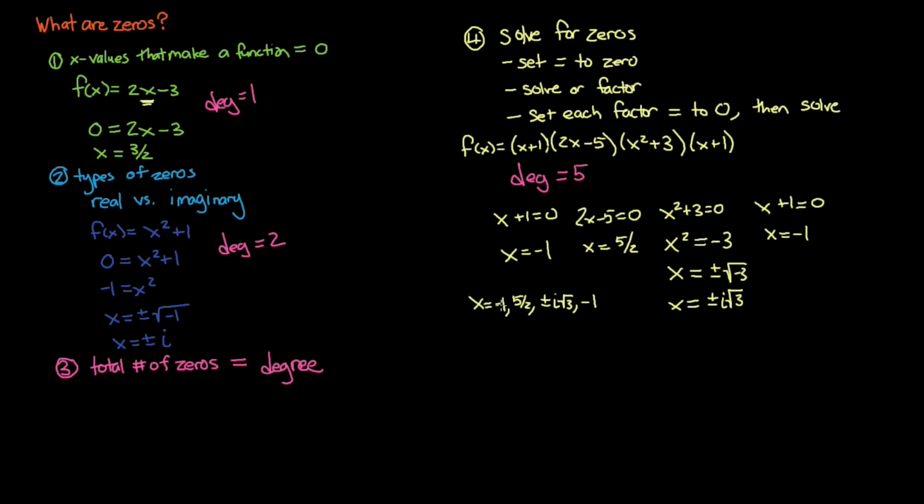Notice that we have negative 1 showing up twice. This we call a double root, and sometimes it's nice to note that. So we write negative 1 and then DR for double root, so we can note that that's a double root. And then 5 halves and plus or minus i root 3.